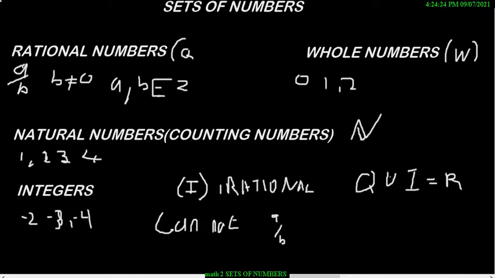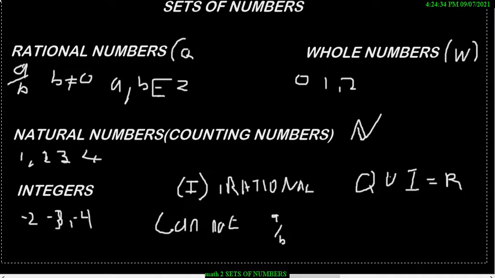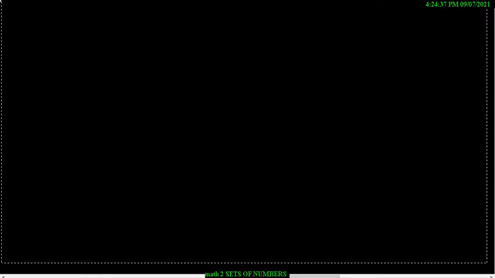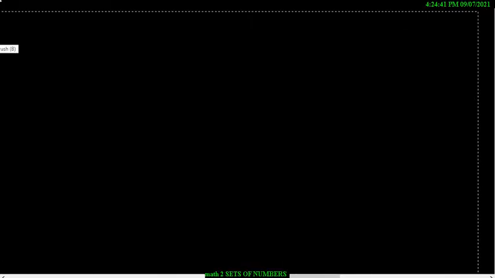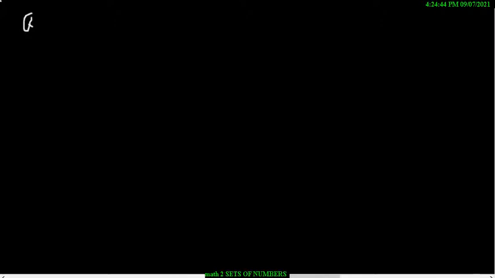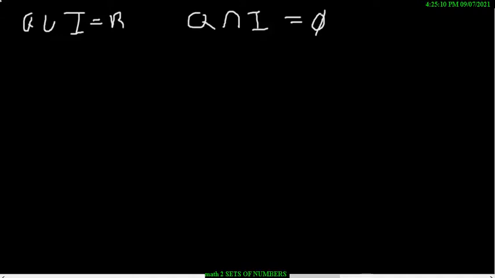So Q united with the irrational numbers should be equal to real numbers, and Q intersect with the irrational numbers is an empty set, because there's nothing common between rational and irrational numbers. But when you combine them, you get all the real numbers.